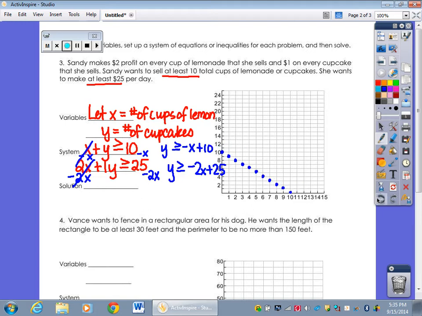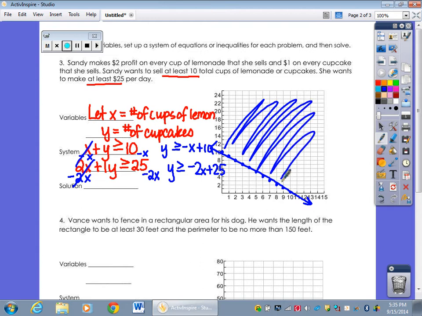That's a horrible line. It's a solid line, and we want to shade greater. So we want to shade above. Okay? On the next one, we want to start at 25, so let's start at 25, and we're going to go down 2 and to the right 1.